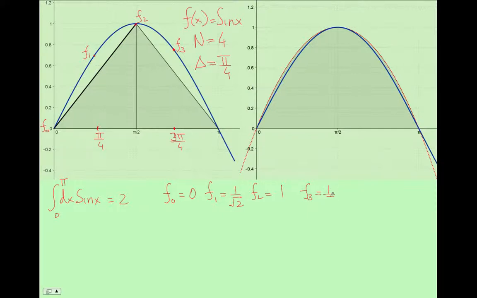So f3 is again 1 over square root of 2, and f4 is 0.